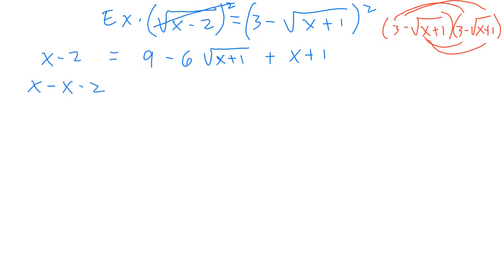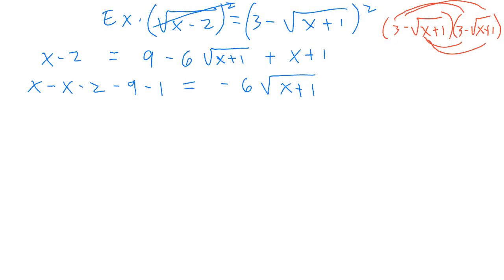And then I have a 9 also from right to left, it's a minus 9 now. And then I have a 1 from the right, it's a minus 1 equals negative 6 square root of x plus 1. So again, what we're trying to do here is moving all the terms from the right to the left except for the radical expression, which is negative 6 square root of x plus 1.